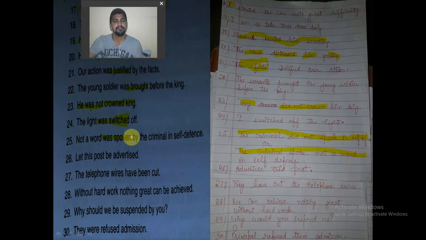"Was spoken" means past indefinite again, the second form of verb is to be applied. So criminal is the subject of the active form. So I placed the criminal in the beginning, singular one. So the second form, spoke, is to be used. Spoke, then "not a word" I use as it is. I wrote: the criminal spoke not a word in self-defense. So that is also right.